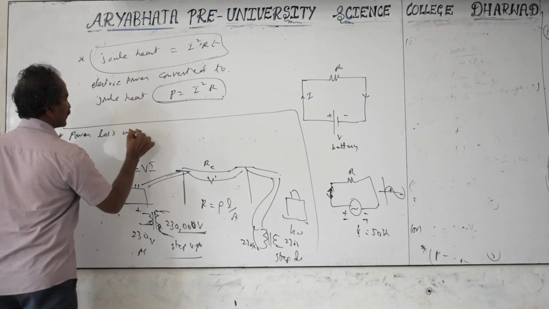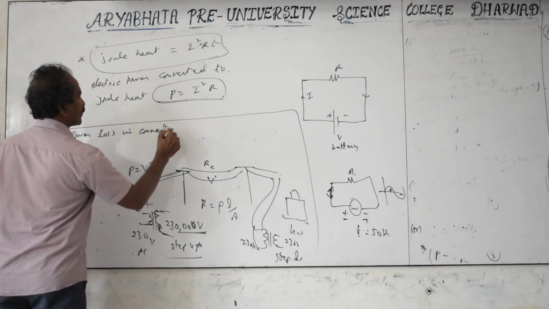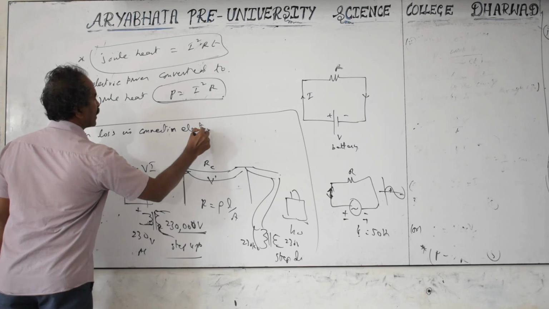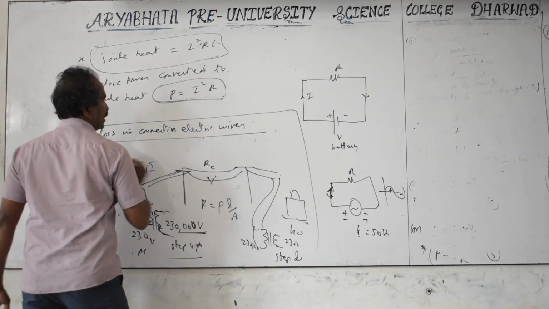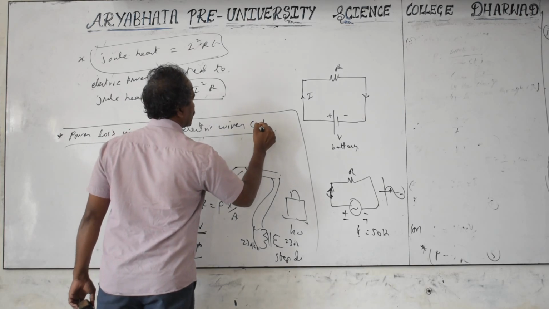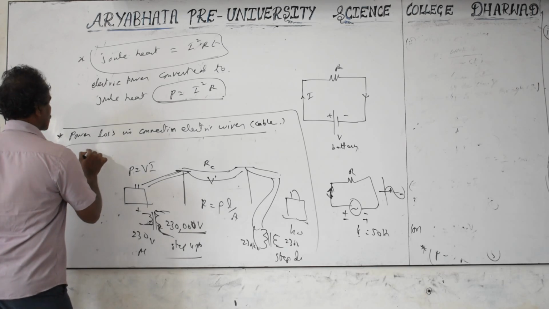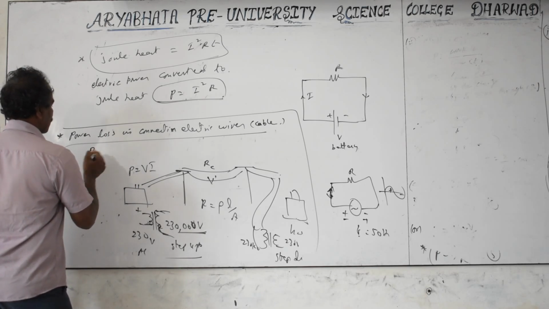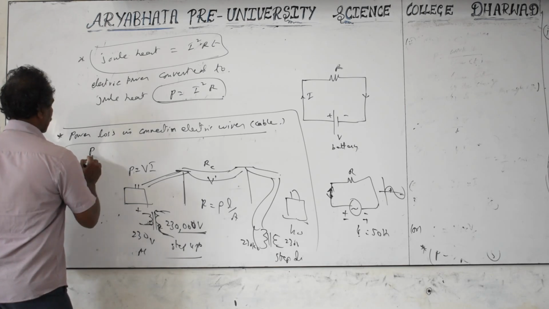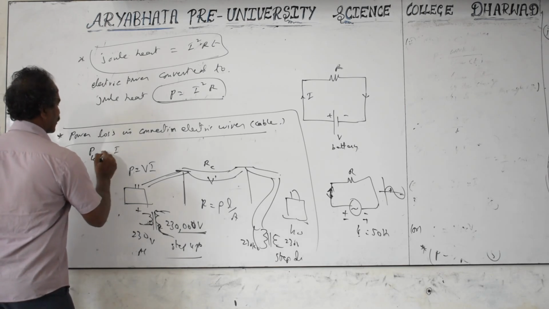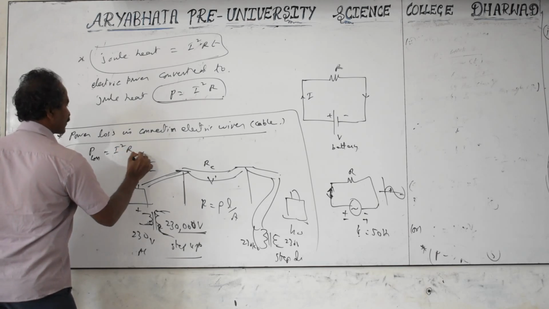The loss in connecting electric wires, taking it as a cable, is the power loss, P loss, which is nothing but equal to I squared R of the cables.